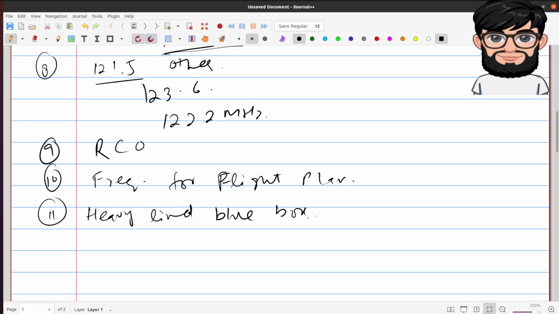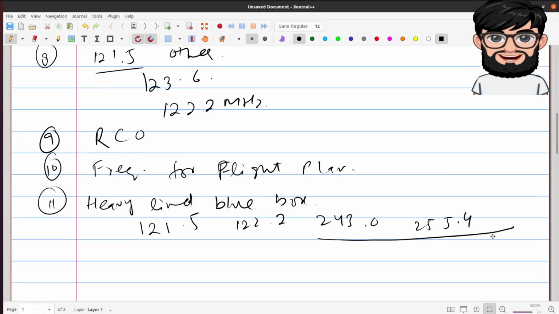So basically, if you have a NAVAID and there's a heavy line blue box surrounding them, then it means that these are the FSS frequencies which you can use: 121.5, 122.2, 243. Again, some of them are military, 255.4. Some communication systems may not even use those.